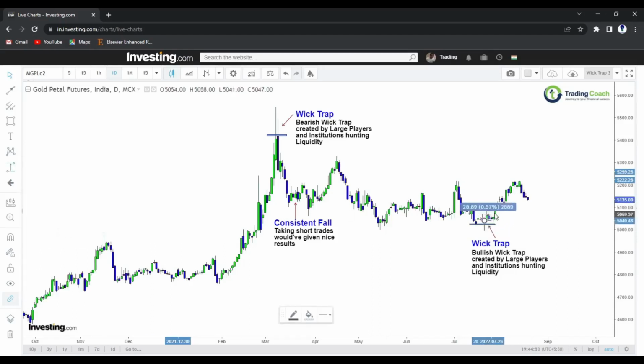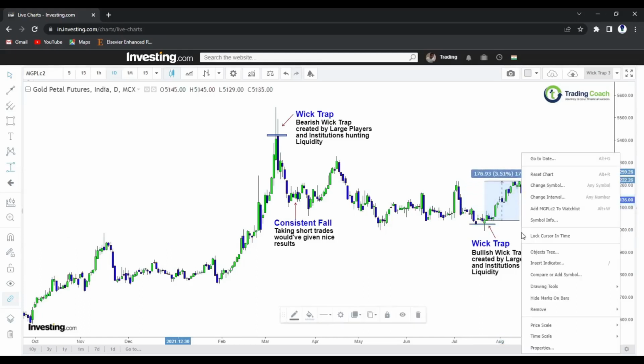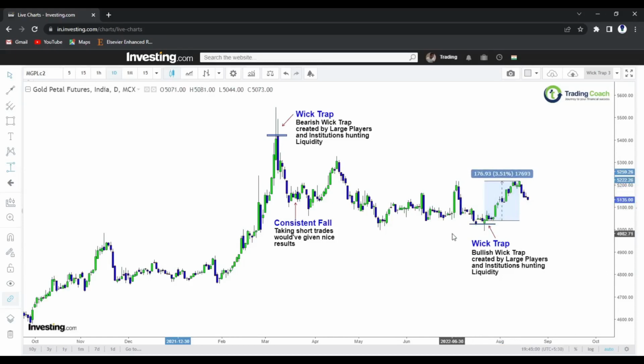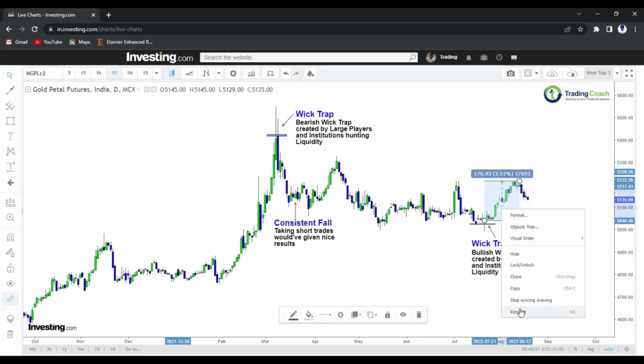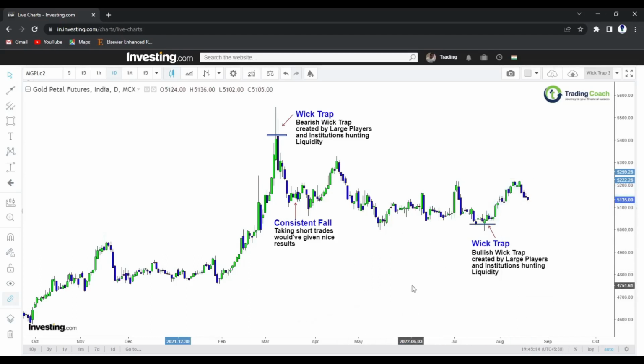So the prices went up somewhere close to a 4% rally. Okay, so if you have traded this in futures, which gives you leverage in the market, you might have made somewhere close to 40% returns on this particular trade. Okay, so this is what we call a wick trap trading setup.